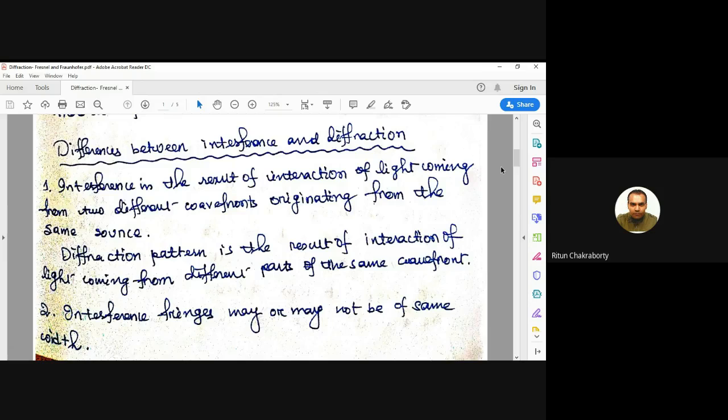Okay. So in interference, two different wavefronts are involved, but in diffraction, only one wavefront is involved, and light comes from different parts of the same wavefront.